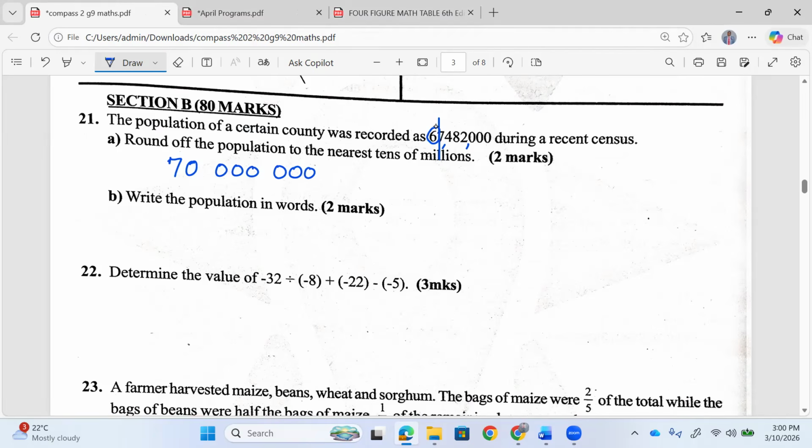Write the population in words. Before rounding off, we write the population in words.